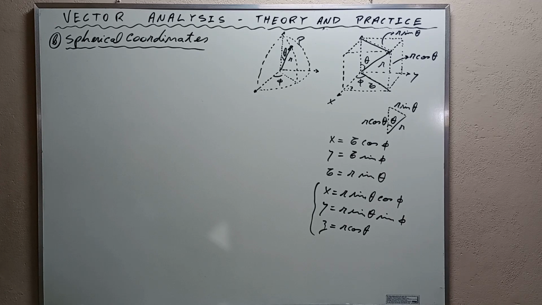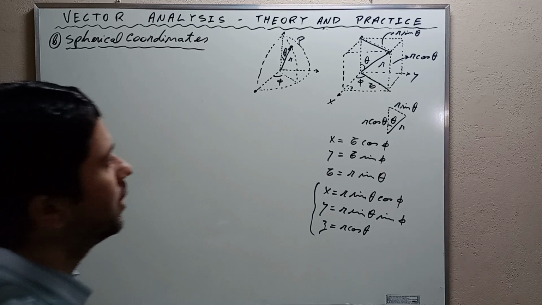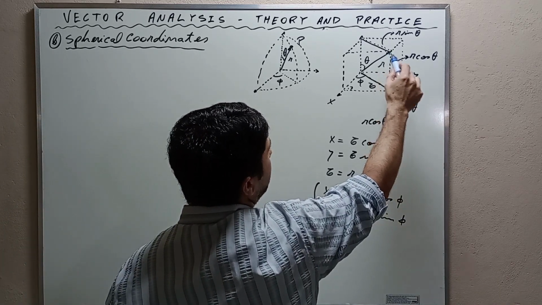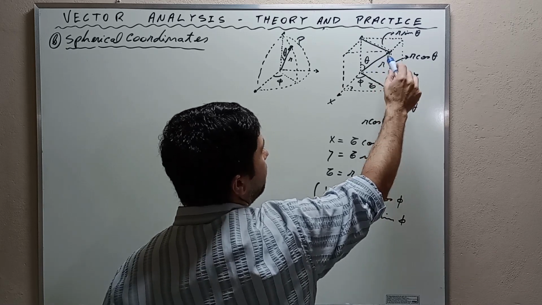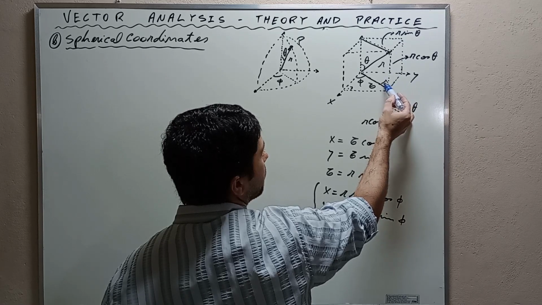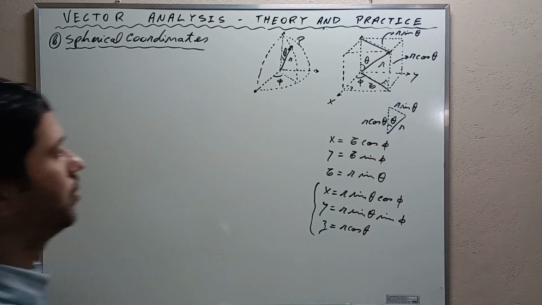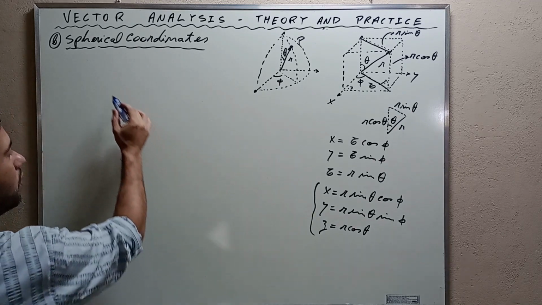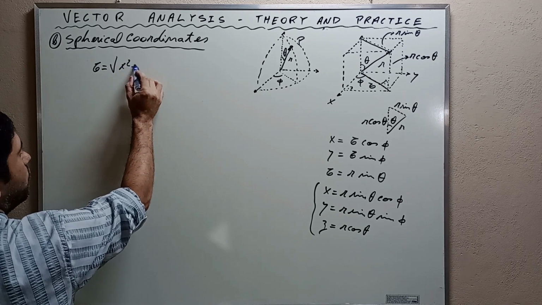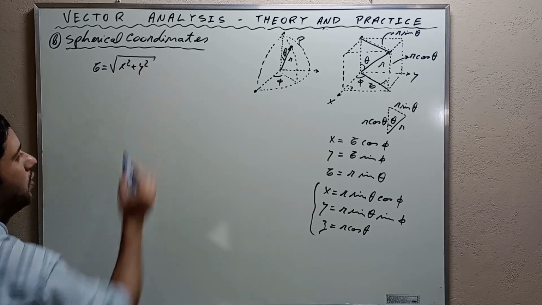Okay? And how about r? R is the hypotenuse of this right triangle here. Okay? So, tau is equal to the square root of x squared plus y squared. This we know.